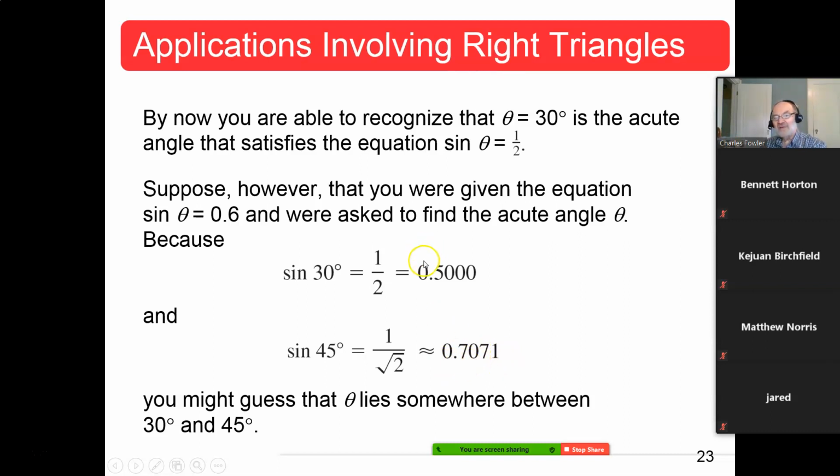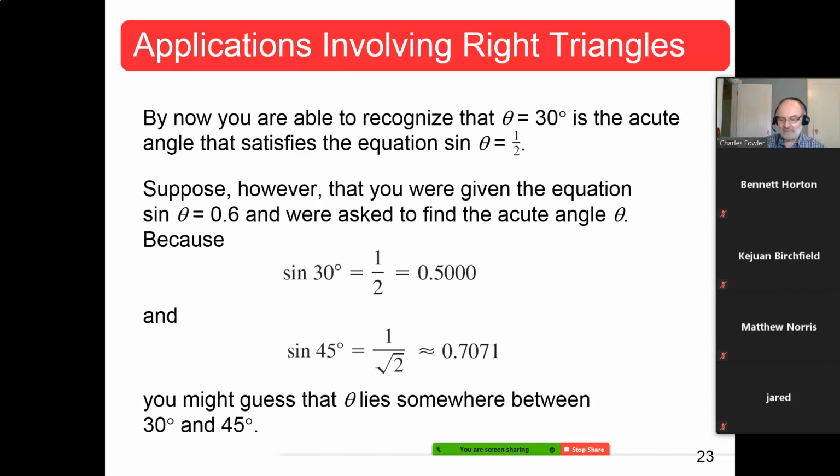So you know it's something between 30 degrees and 45 degrees. Where in between, we're not real sure, but you could have an estimate. If you did the inverse sine, you'd know exactly. Okay, so let's just see what it is. It seems like it's around 53 or so, but let's see.